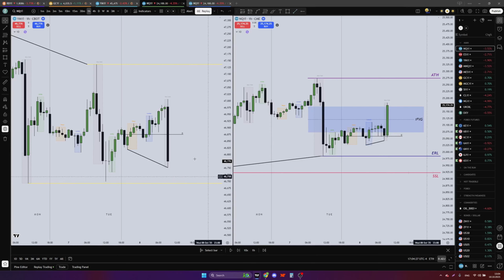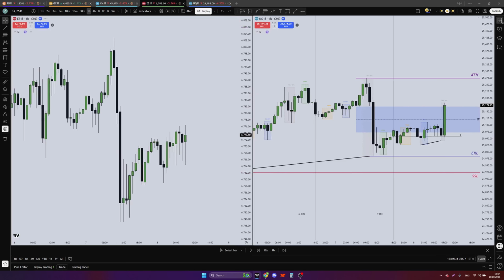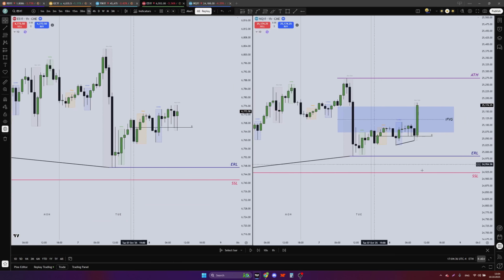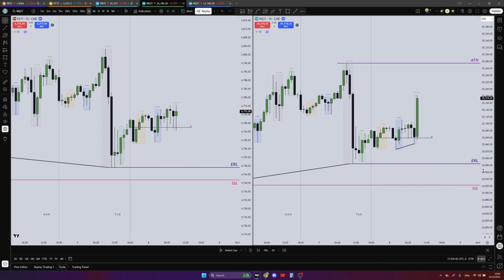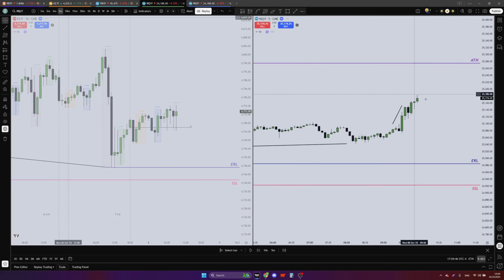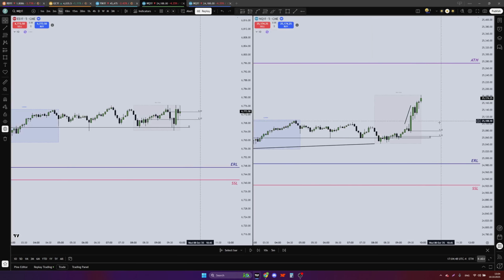So I do have my low being made, and because of that I can trade higher now, because the manipulation has occurred, and I do need to have that for me to engage in price action. So after that, see what happens here.